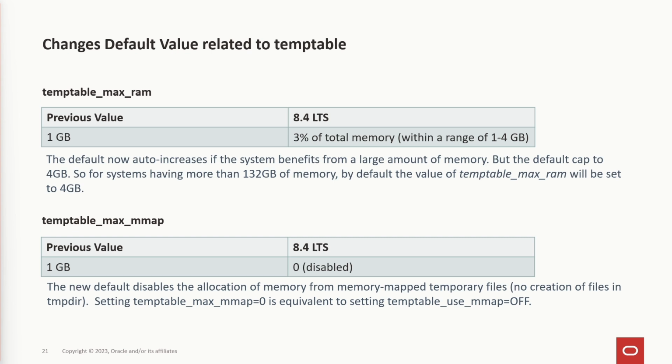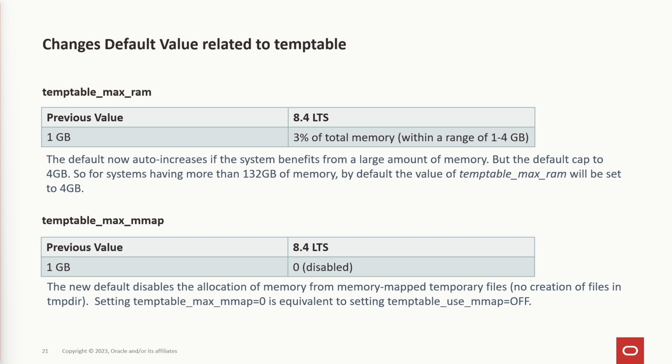So then it doesn't really fit that kind of big system. That's why we changed it in 8.4 to 3% of total memory. That means 1 to 4 GB. Below I explained how we can calculate: 132 GB memory, then it should be 4 GB.